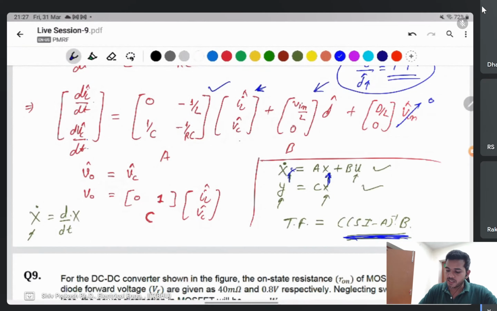X is a matrix, X dot is a matrix, and U is also in matrix form. If you have two energy elements, you have a 2 cross 2 matrix. If you have three energy storing elements, the matrix will be 3 cross 3. This is the state of the converter, the state of the system.